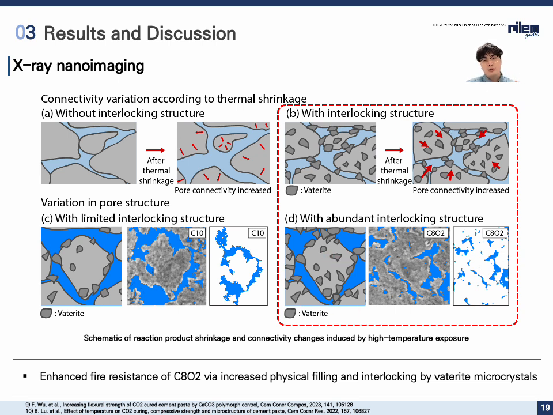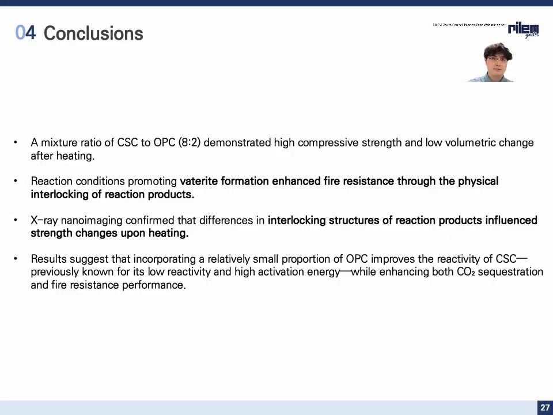In particular, C802 displayed dense interlocking and minimal pore expansion, confirming its superior fire resistance, and this is attributed to the enhanced physical filling and microstructural reinforcement from the vaterite formation under heating conditions.